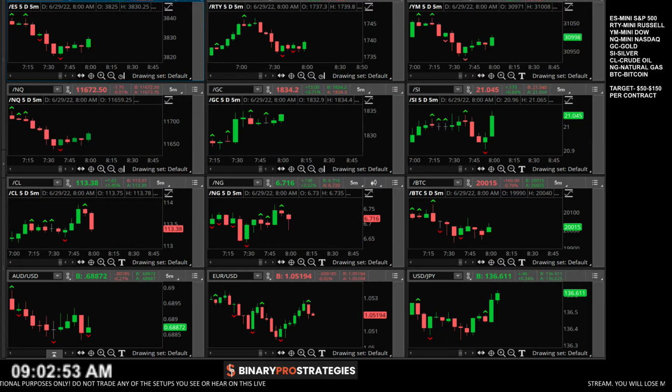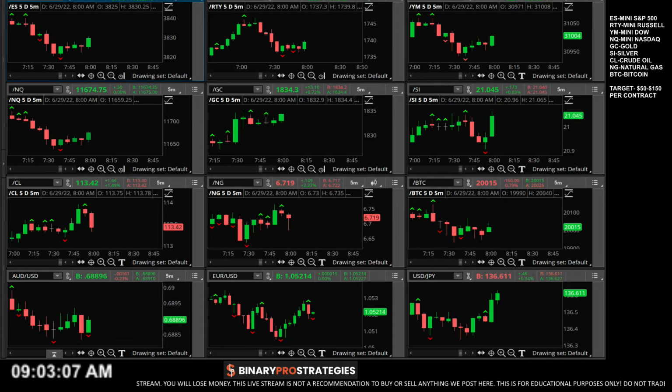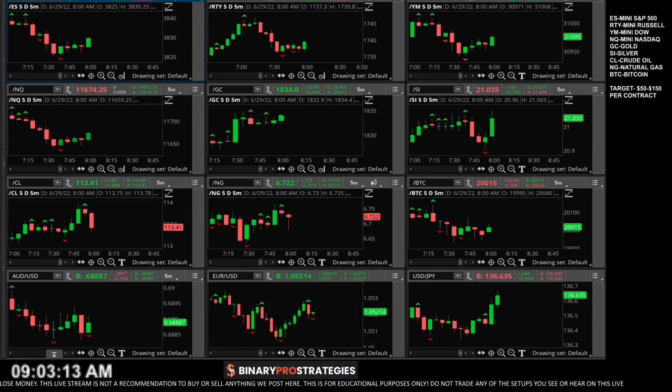Right now I'm just doing a quick scan to see if we have initial setups. May have some potential buys coming in on the mini Russell and the mini NASDAQ. We'll keep an eye on that. It hasn't quite formed yet, but it's trying to form a buy. Don't see anything on the metals.